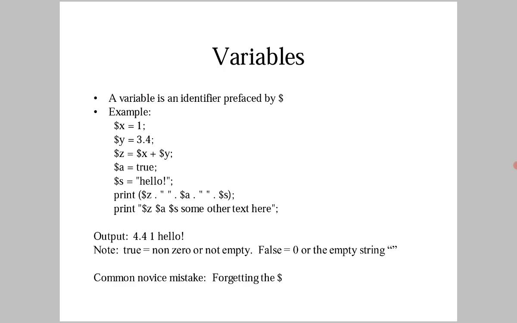A variable is an identifier prefixed by a dollar sign. In PHP, variables are used with a dollar sign: $A, $B, $X, $Y. For example, $X equals 1, $Y equals 3.4, $Z equals $X plus $Y.